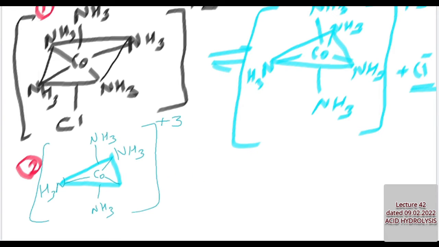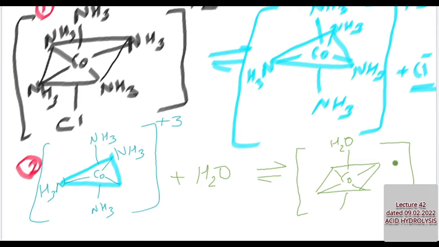Now in that, the other ligand which we want to substitute will be added, that is H2O, and we will get a new octahedral complex where one position is occupied by water as one of the ligands and the remaining 5 ammonia molecules are as usual. The charge carried by this complex will be +3, because cobalt carries +3 charge and the ligands surrounding it do not carry any charge. It is the structural mechanism.